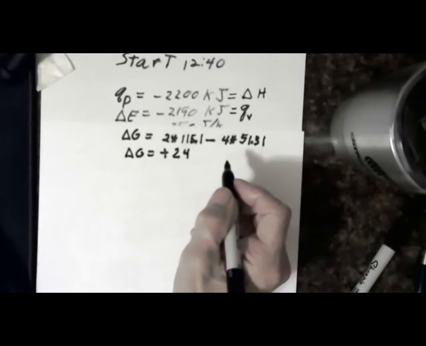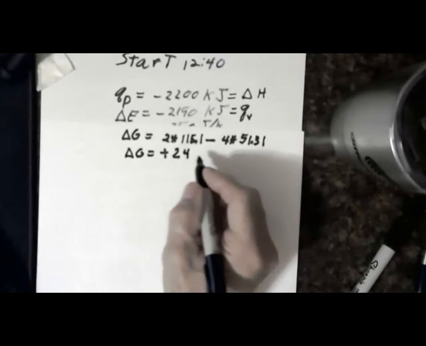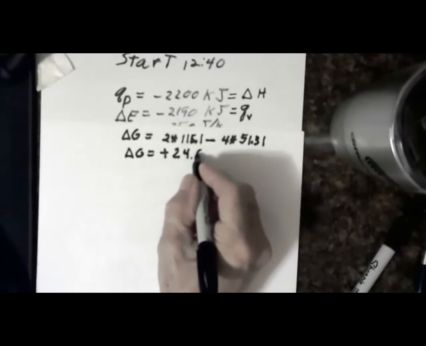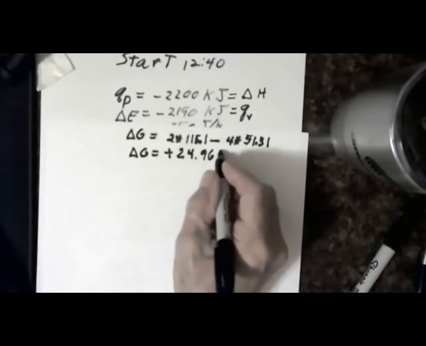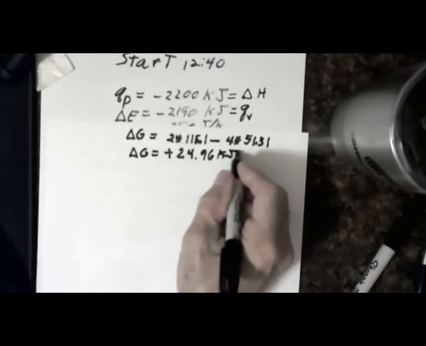Is that right? I'm surprised. I really want to double check those numbers again, just to be sure. 2 times 115.1 minus 4 times 51.31. Yeah, plus 24.96 kilojoules.